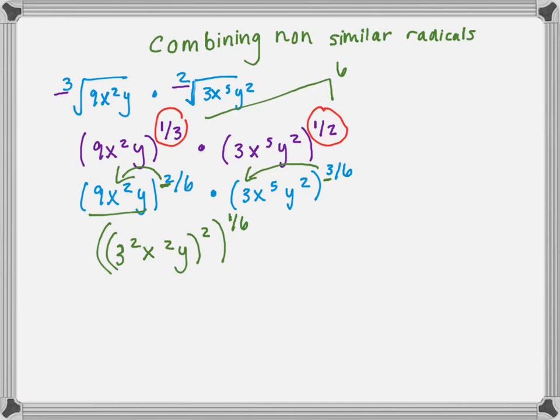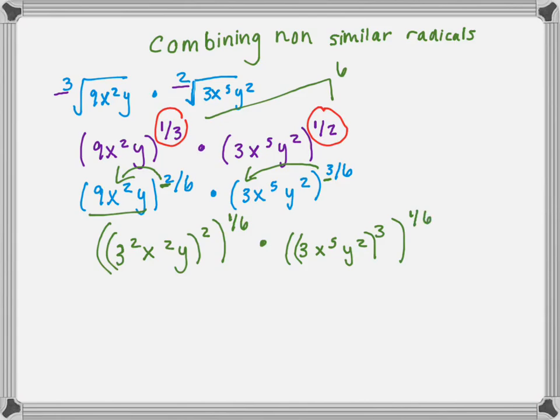So if you see what I'm doing here, I'm just pulling out a squared and making it to the 1/6 times 3x to the 5th y squared to the 3rd, and then this whole thing is to the 1/6.